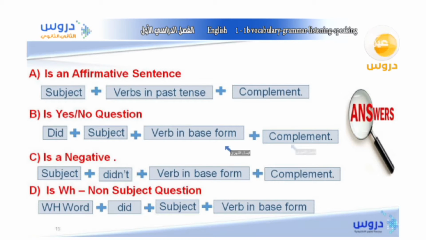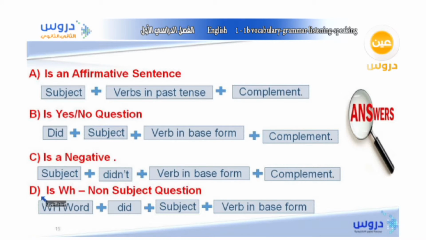We have talked about the past and the present and the difference between past and present and how to know the verbs in English. We have two types. We have regular verbs, which end with ed. We have irregular verbs, which do not end with ed.